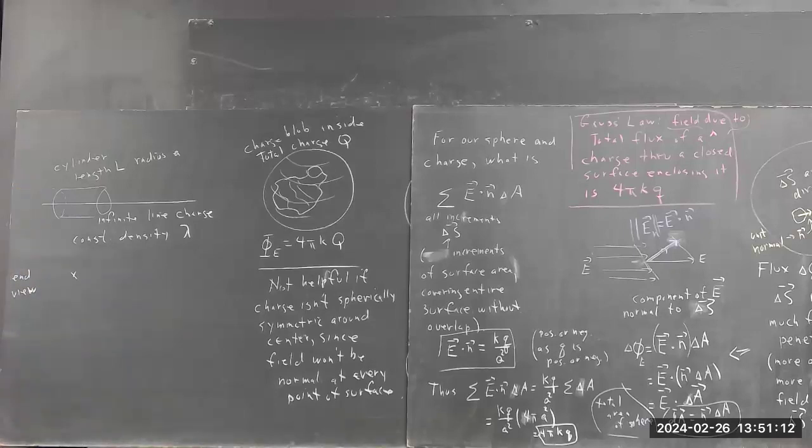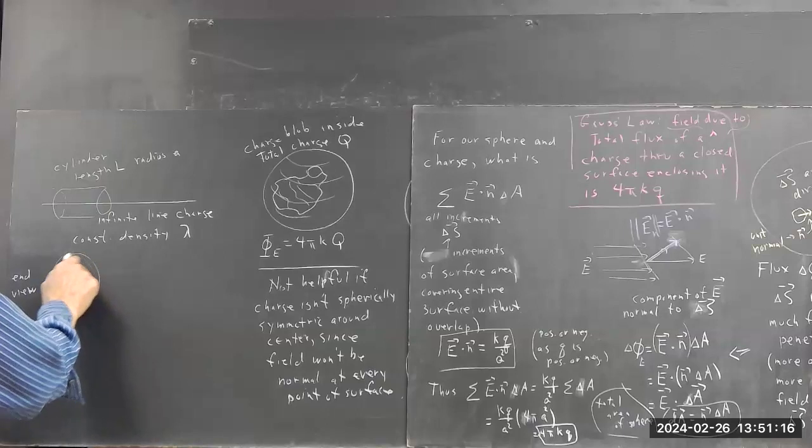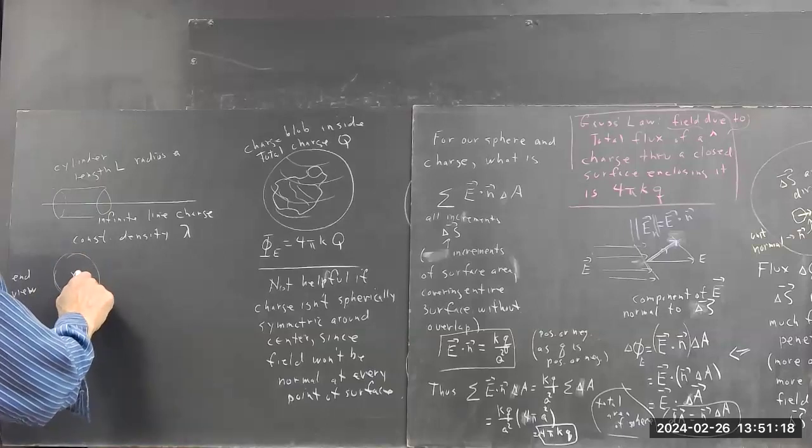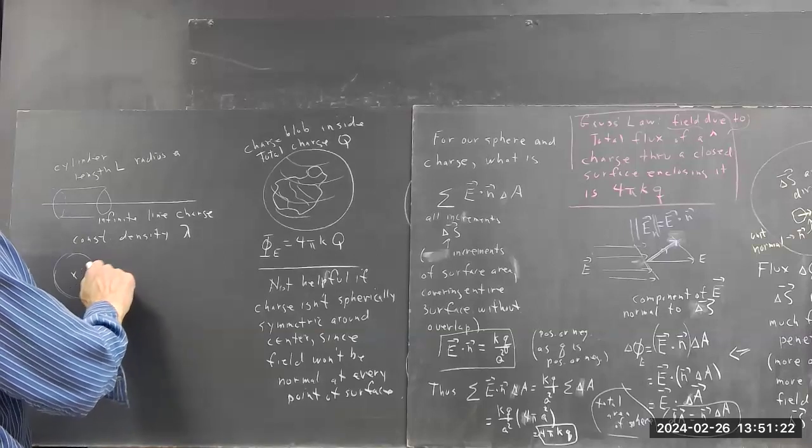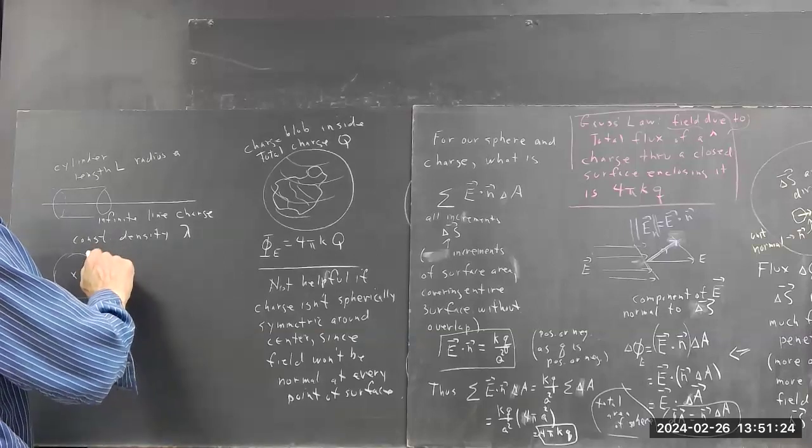By the symmetry of the distribution, the field always has to be radial.